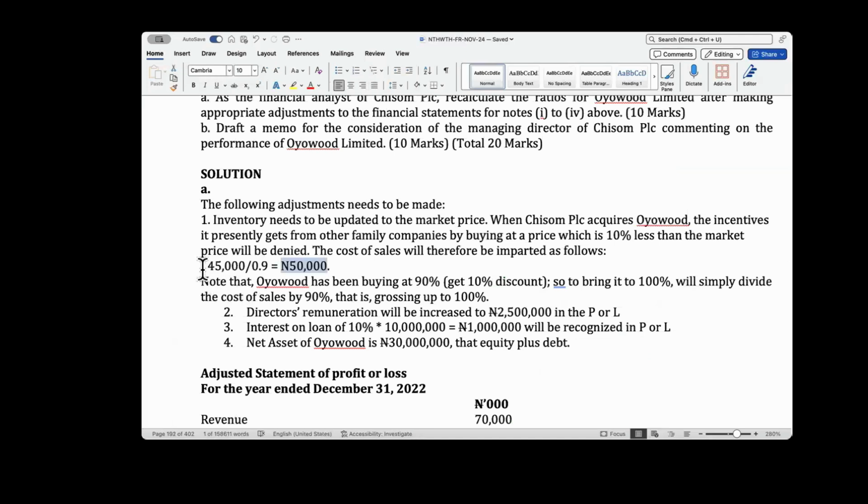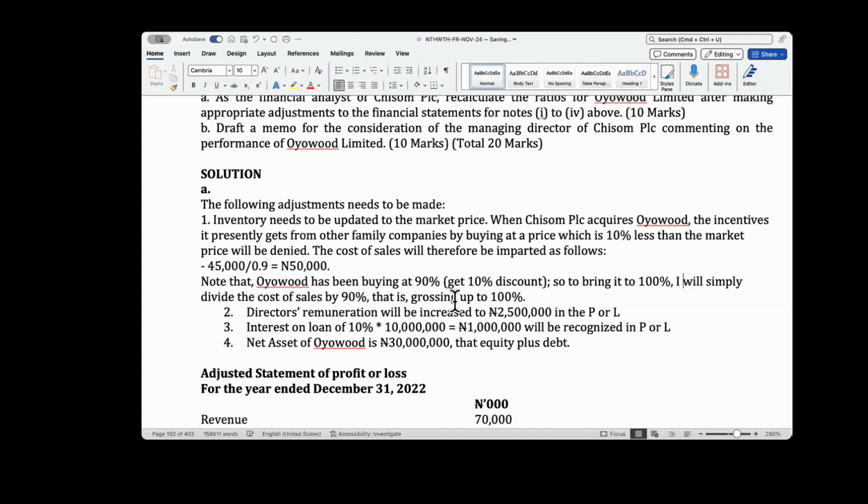And I want to explain to the examiner in case he has another way. I told him to note that Oyowood has been buying at 90%. That is, he gets a 10% discount. So to bring it to 100%, I will simply divide the cost of sales by 90%.